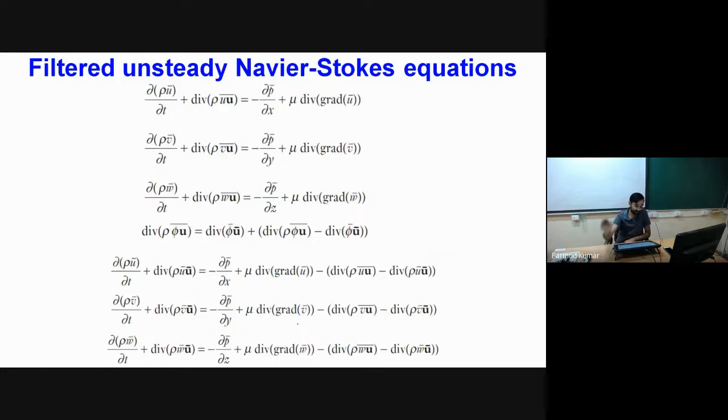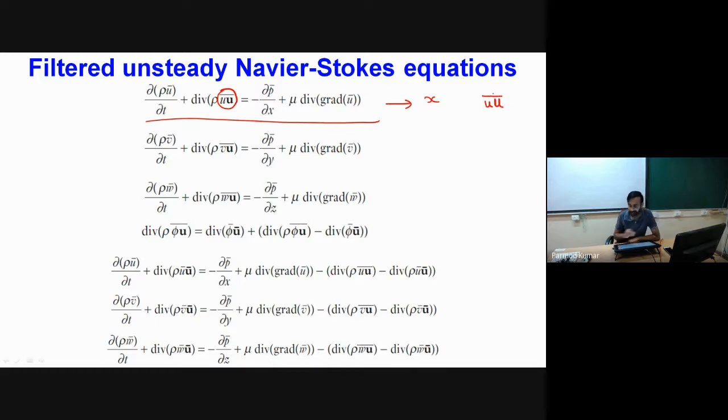Then the next part is our filtered unsteady Navier-Stokes equation. This is our x momentum equation. In the x momentum equation you can see that wherever we had u, we now have u bar, here p bar, here u bar, but we get one additional term, which is the bar of the product of u into the u vector.